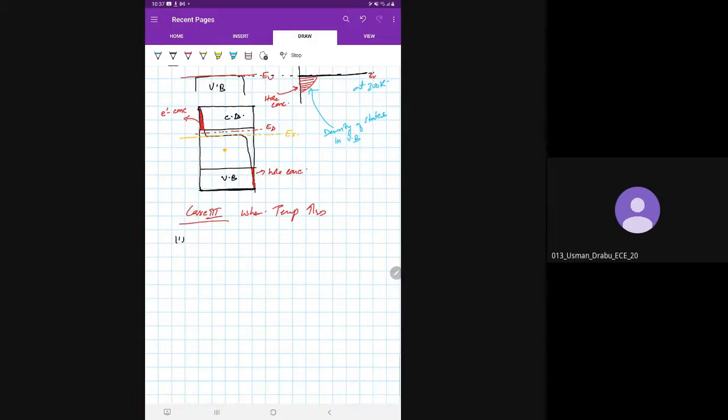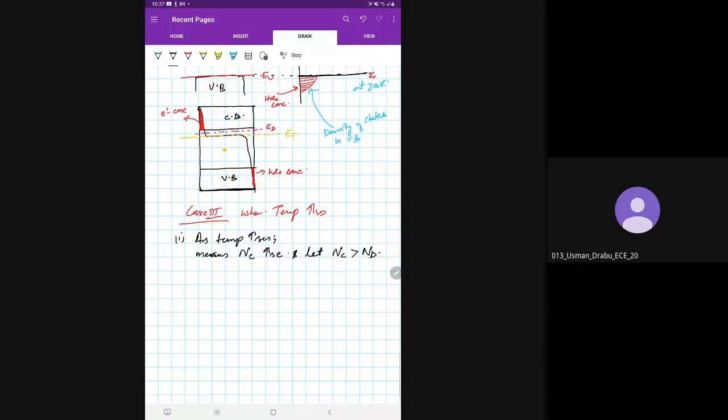Now see here, as temperature increases, we know that NC will also increase, and we assume that NC is still greater than ND.